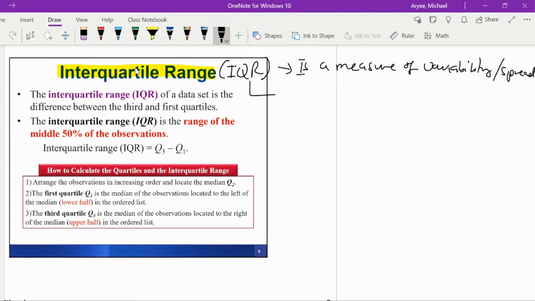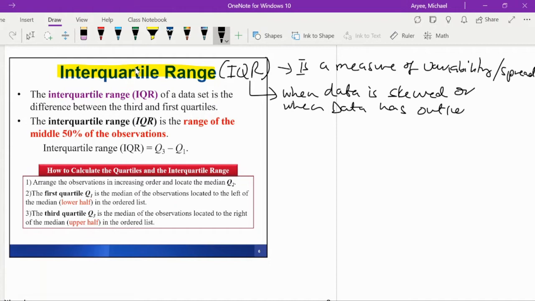We use the interquartile range when data is skewed or when data has outliers. When the data is skewed or has outliers, the interquartile range is a preferred measure of variability.